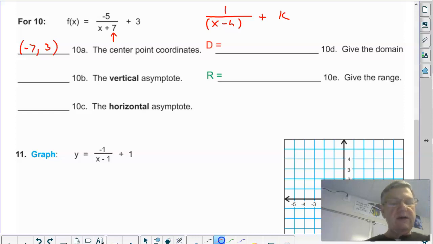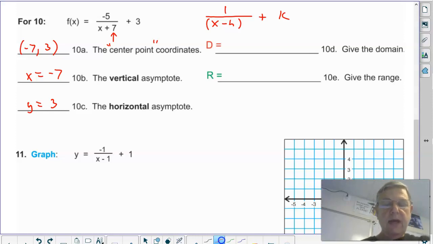So negative 7, 3 are the coordinates of the center point. Vertical asymptote. Vertical, so that's a vertical line. That's an x equals. And the x coordinate of the center point, quote unquote center point, it's an imaginary point, is negative 7. Horizontal lines are y equals, and the y value of 3.